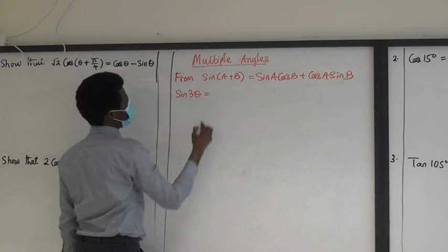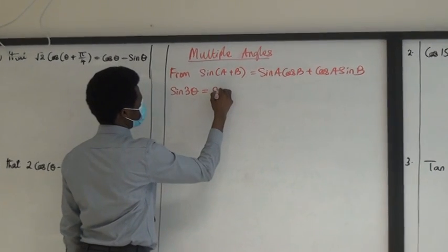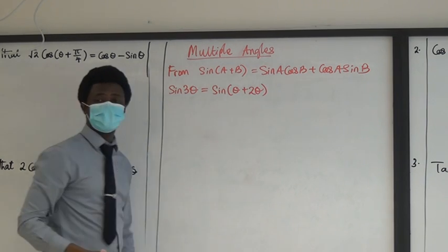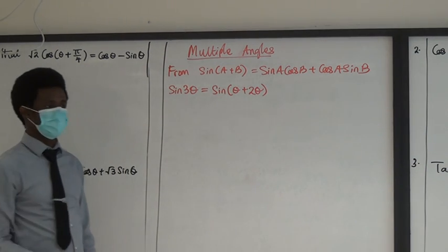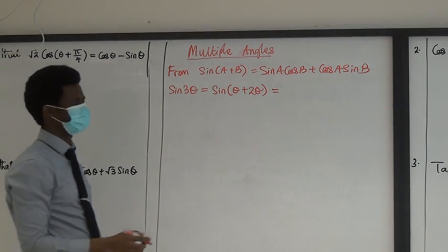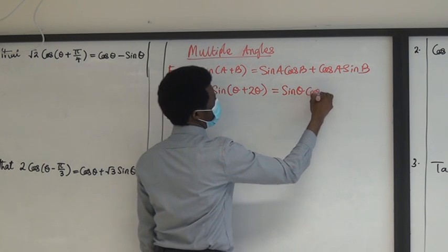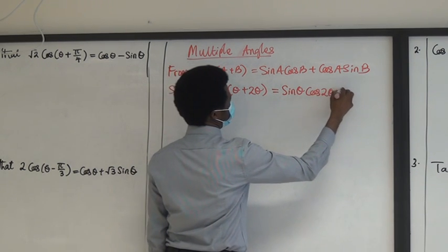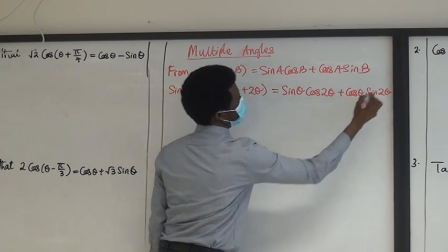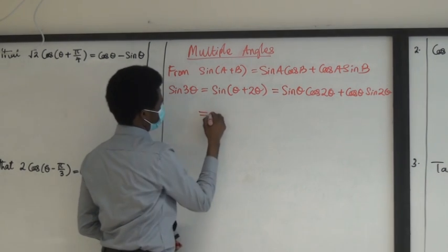How can we write sine 3 theta? Sine of theta plus 2 theta, like that. So how do we write this in expanded form? Quickly, please. Sine theta cos 2 theta plus cos theta sine 2 theta. Yes?